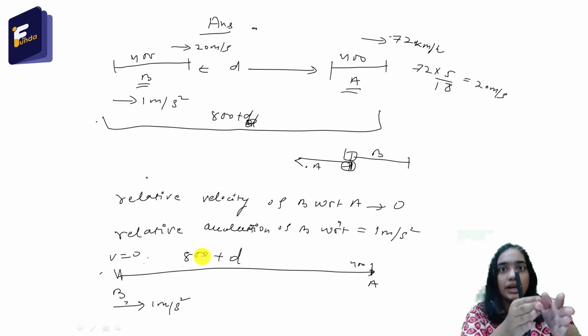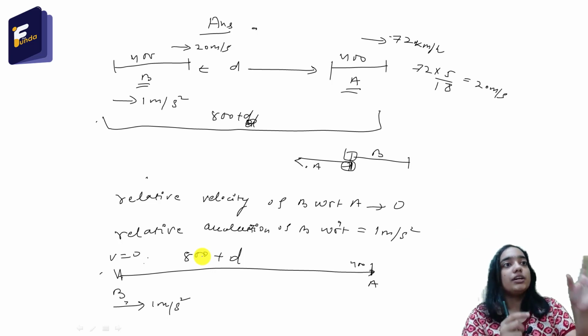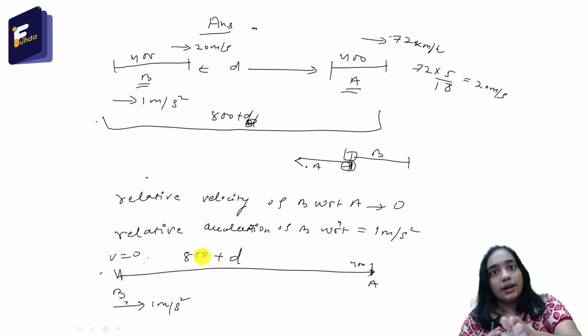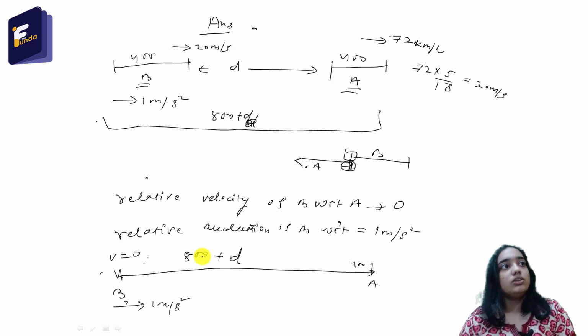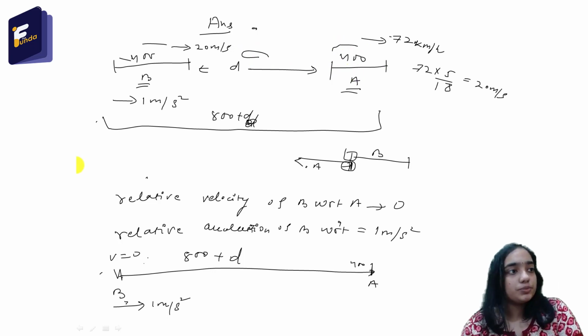The distance between them is 800 plus D, because B is going to overtake A, and for that it has to cover the whole distance.